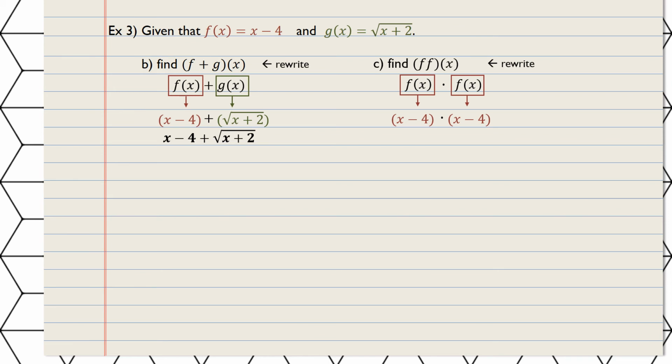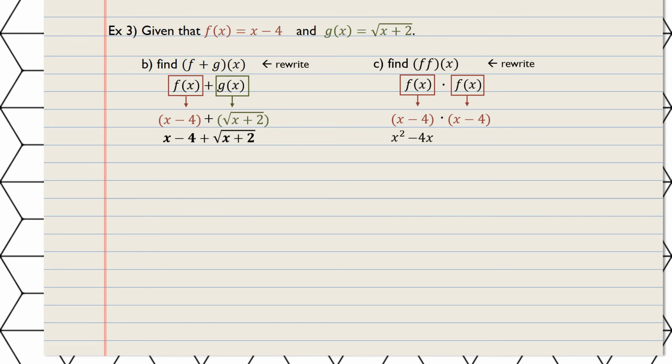So since we have x minus 4 times x minus 4, we follow GEMS. We cannot do anything inside the grouping. We have no exponents, but we do have multiplication. We need to distribute the values. So x times x is x squared. x times -4 is -4x.